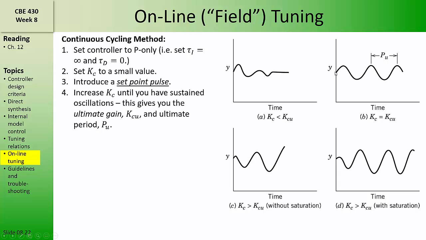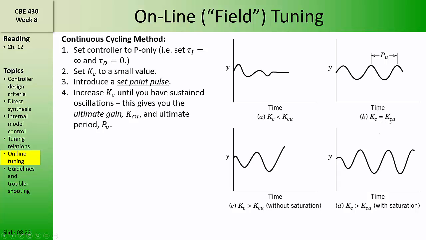The ultimate gain represents the stability limit for the controller gain for the proportional only controller. And in doing this set point pulse experiment, the objective is to find the stability limit for the controller gain. The period of the sustained oscillations that are obtained when the controller gain is set to the ultimate gain, Kcu, we call the ultimate period, Pu.